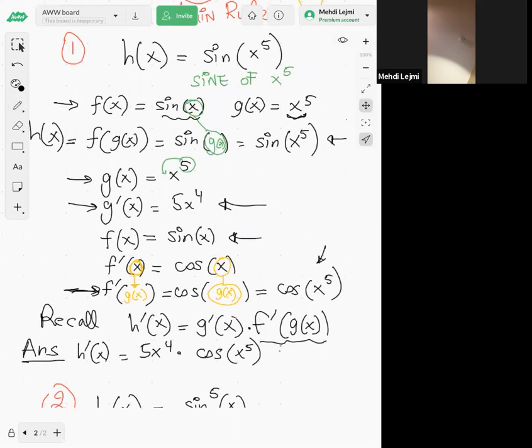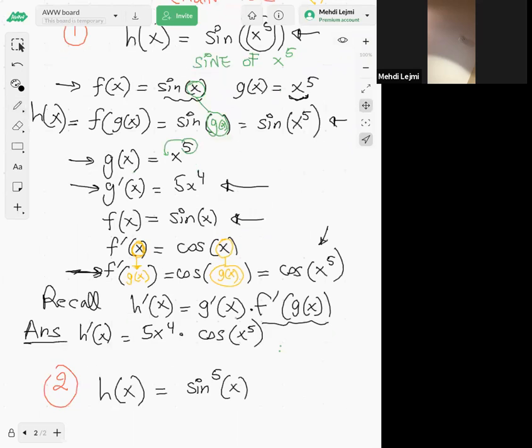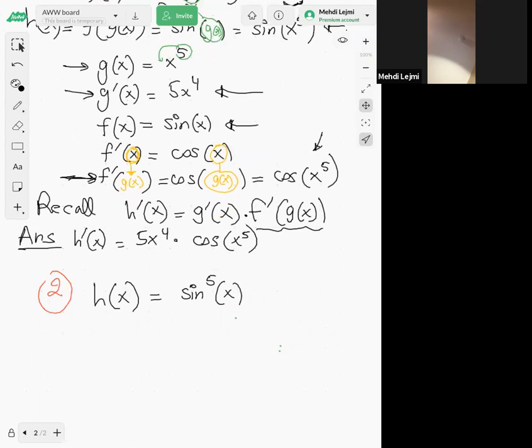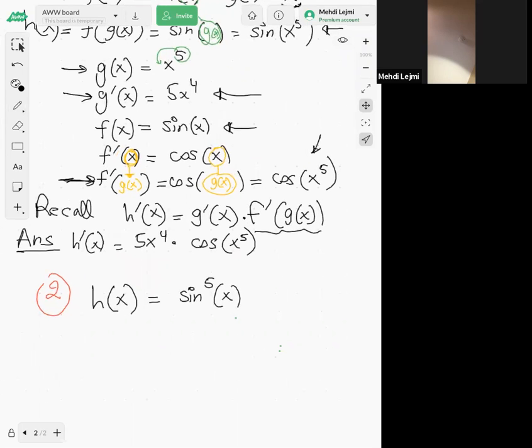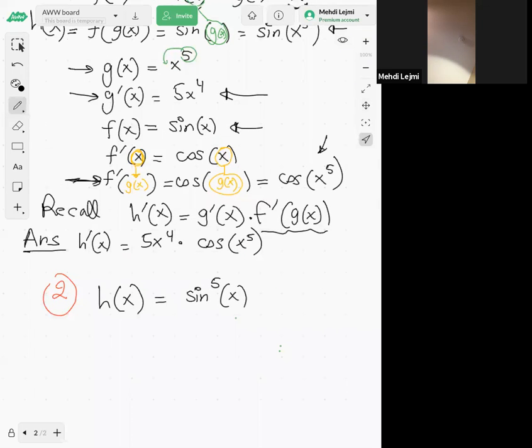Now in number 2, this is a different function, because the power 5 is applied to the sine, not to the x. It's like saying sine of x times sine of x times sine of x, 5 times.